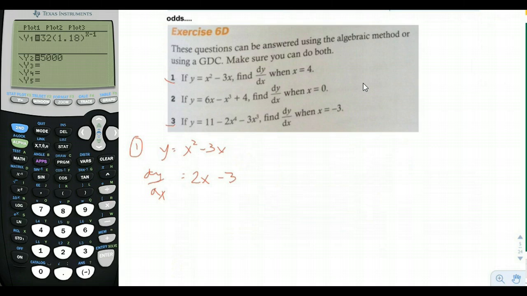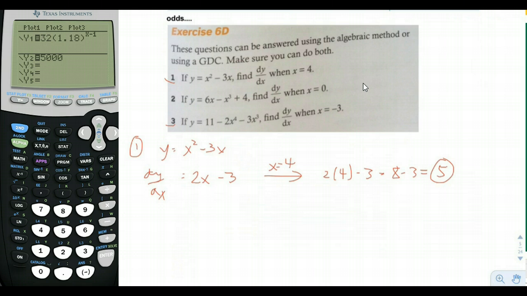So there's your derivative function. And then it says, what is dy dx when x equals 4? Well, when x equals 4, all we need to do is substitute 4 into x, and that gives us 2 times 4 minus 3, which is equal to 8 minus 3, which is equal to 5. So we already know that dy dx is 5 at x equals 4.